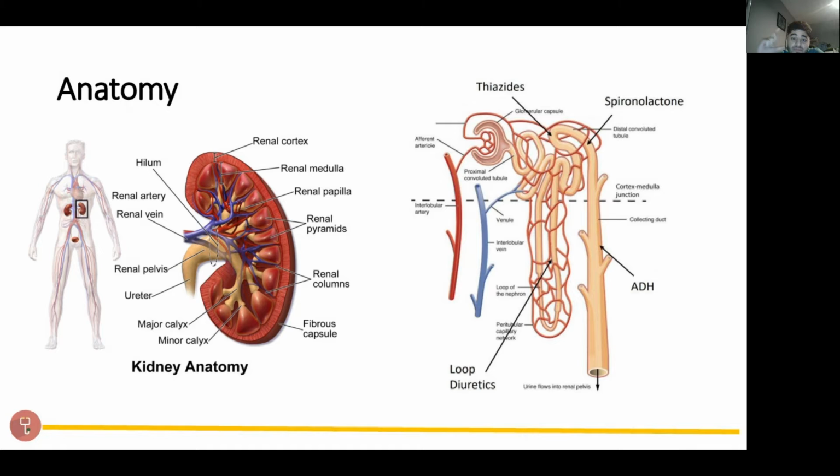In terms of the nephron itself, now this is important, and the reason why this is probably important is because there's a clinical aspect to this where it helps to know where diuretics affect the nephron. The reason being, you can then work out what electrolyte abnormalities you should be expecting. So the most common ones that we use are furosemide.